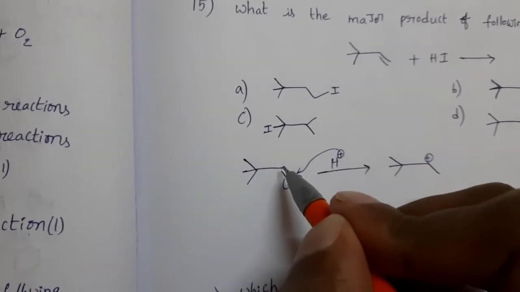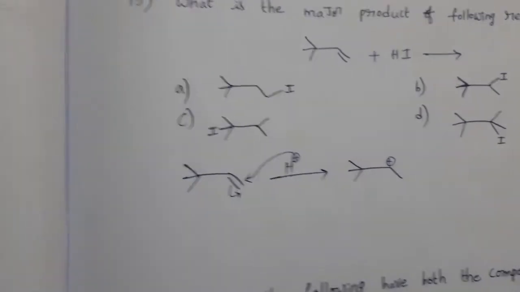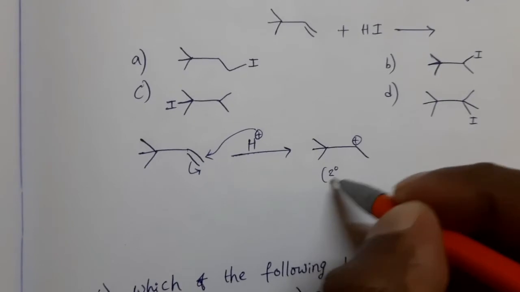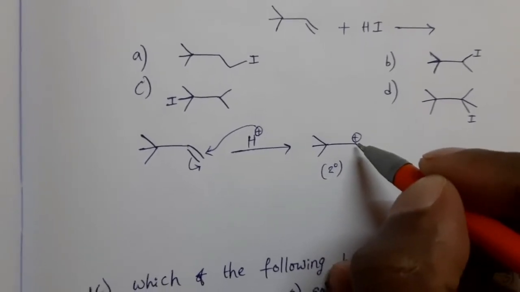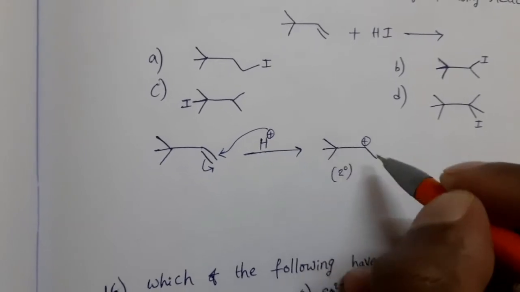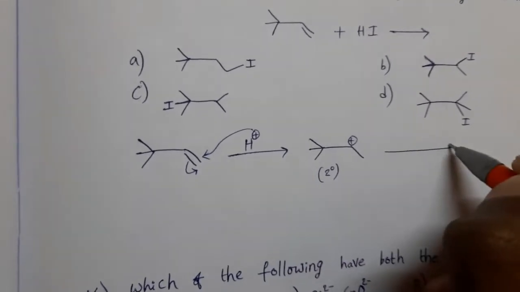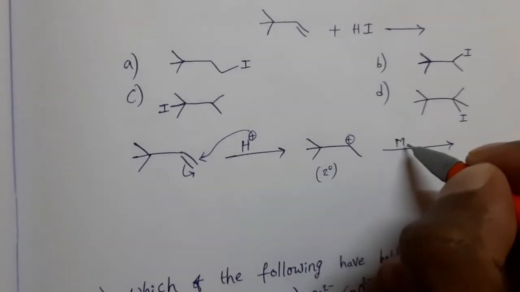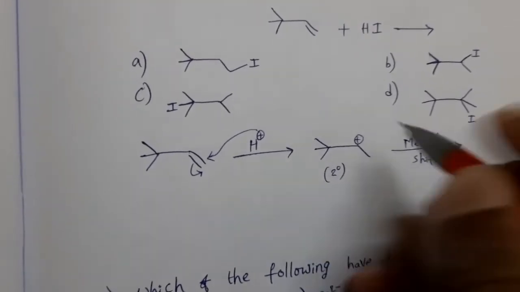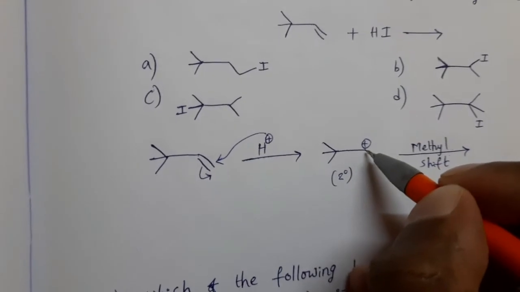Positive charge is developed at this carbon. Now what type of carbocation is this? Secondary carbocation. The positively charged carbon atom is bonded with this carbon and this carbon. Now methyl shifting takes place, from this carbon to this carbon.